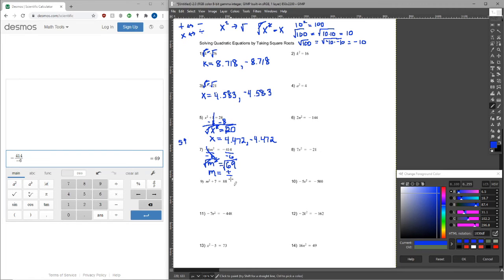That means there's a positive and the negative version. And then you need to come over here and do the square root of 69. And that's 8.306, but the fourth digit is 6. That's bigger than 5, so it'll make that 6 go up 1, so it'll be 8.307.